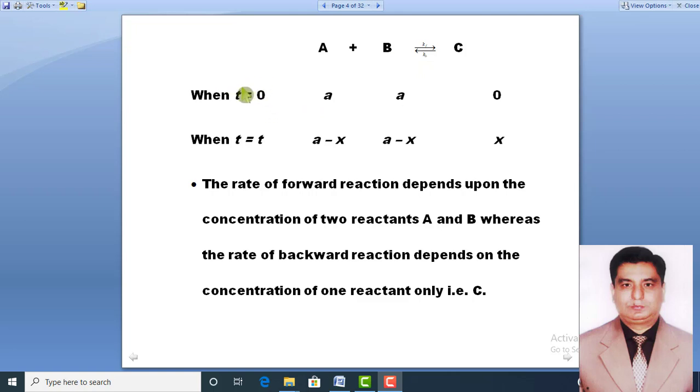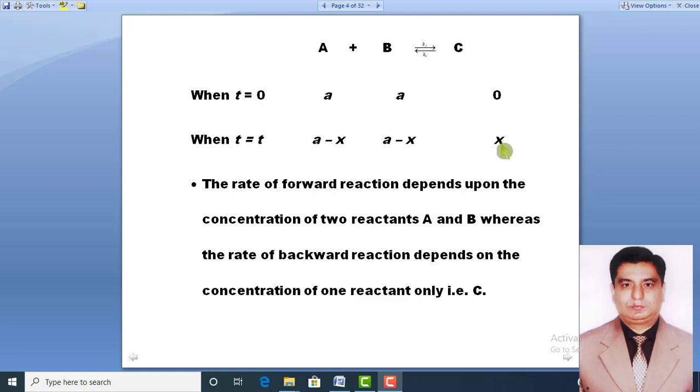When the reaction started, time was 0 second. At that time, reactants were present while product was not formed. So the concentration of product at 0 time will be equal to 0 mole. But after the reaction started, after time t seconds, some concentration of product C has been produced.